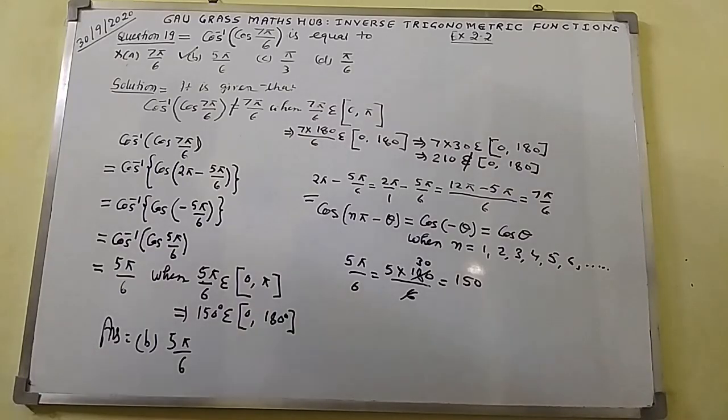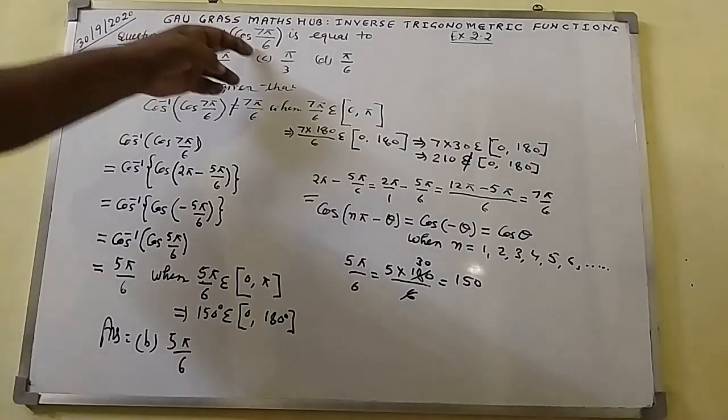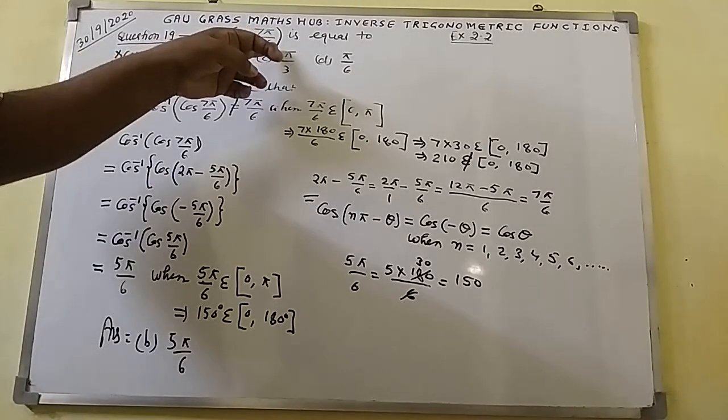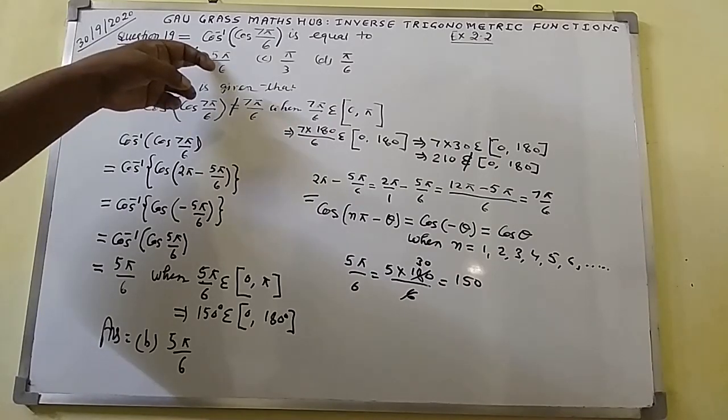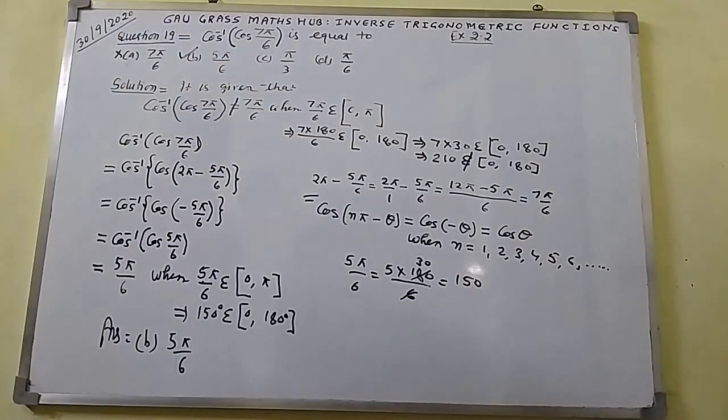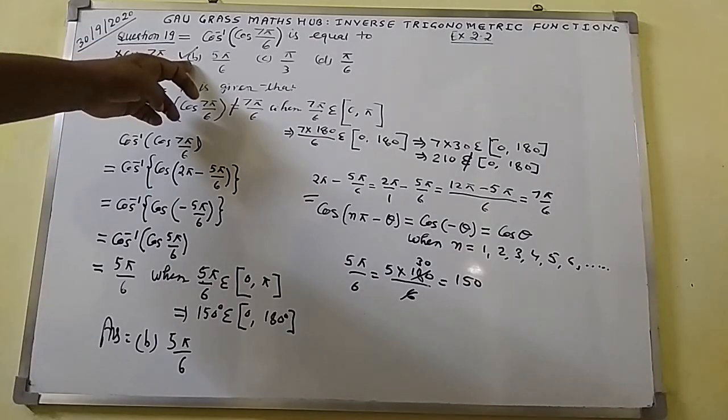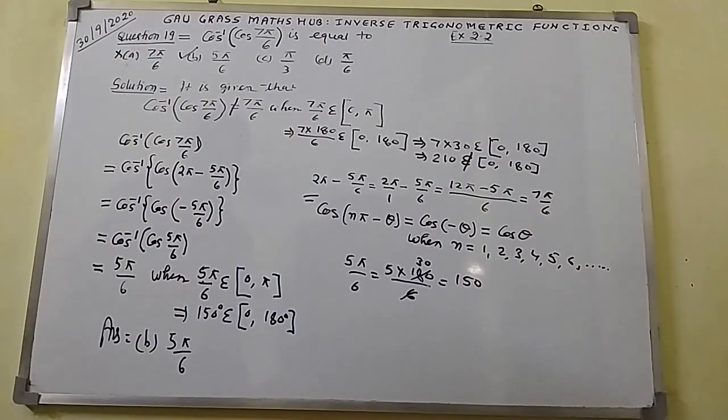This is the complete solution of question number 19, cos inverse cos 7 pi by 6 bracket close is equal to, here option B is correct, 5 pi by 6.